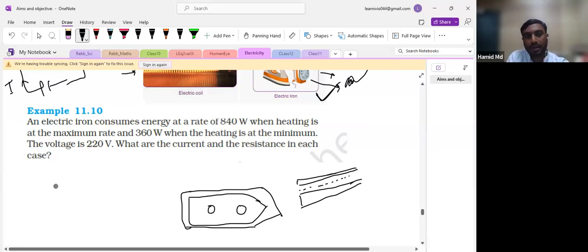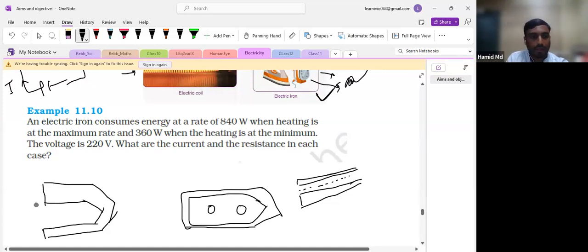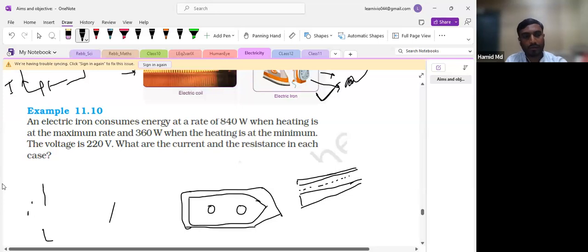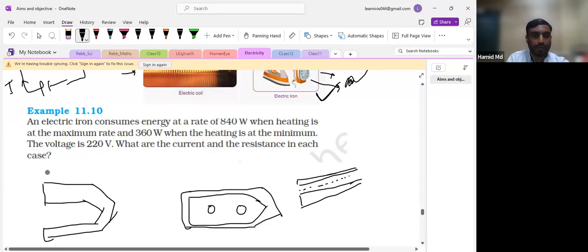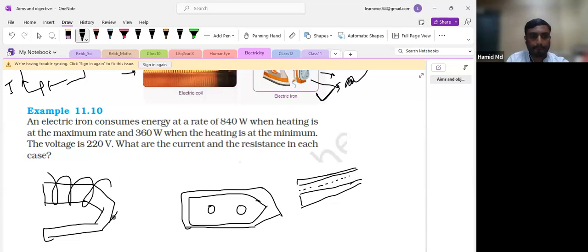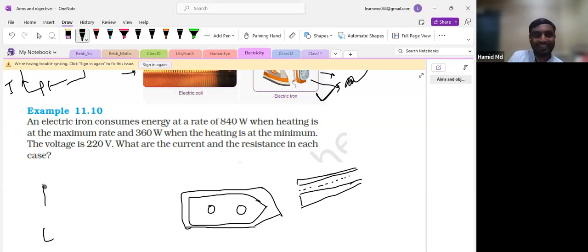In between the plates there might be coils like this, and then nichrome wire. This is nichrome wire. I'm not getting why this is happening.